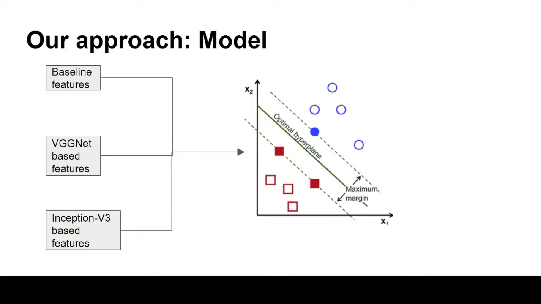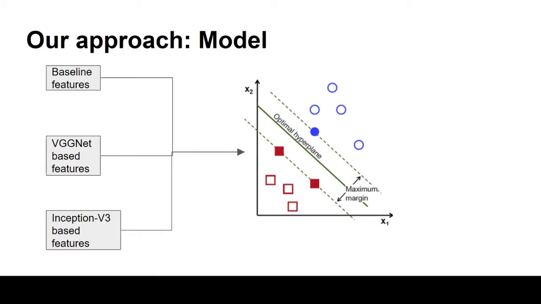Talking about what kind of model we use, as I mentioned, we extracted three sets of features: baseline features, VGGNet based features, and Inception V3 based features. We use a supervised support vector machine classifier here, and the SVM classifier is trained on various combinations of these input features, and it's trained on the Medico dataset, so it is the dataset of interest.